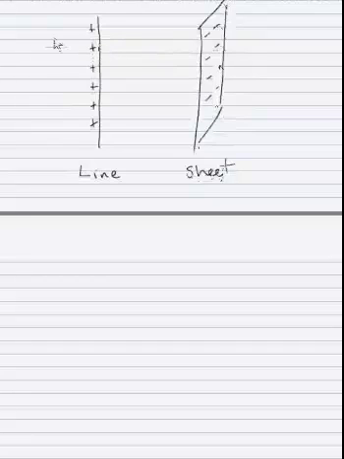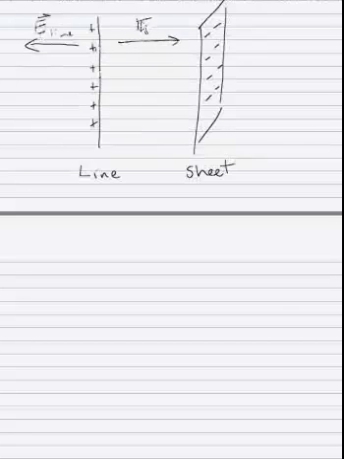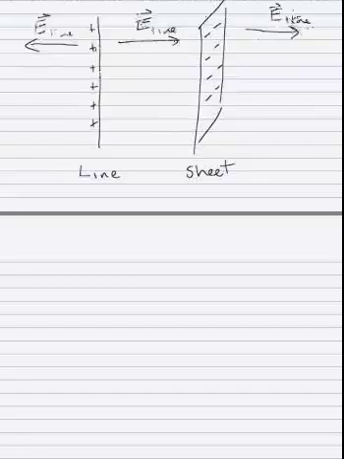Everywhere to the left, the electric field is pointing to the left from the line charge. It's a positive charge, it radiates outward. And everywhere to the right, it points to the right.